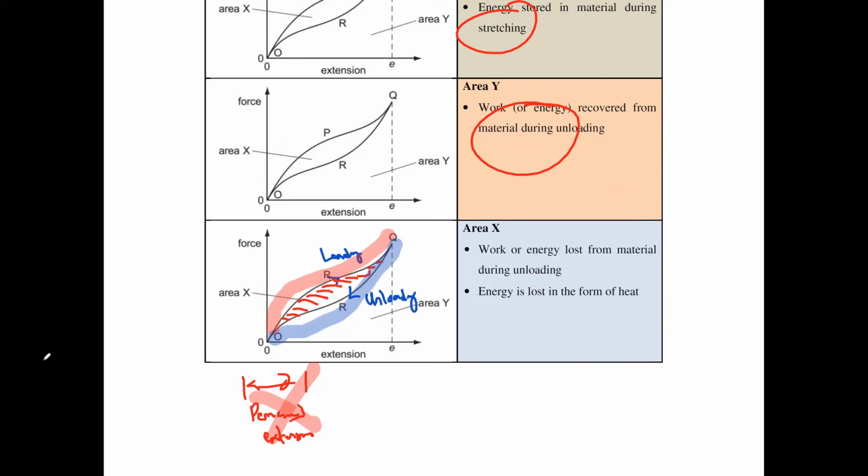You have no permanent extension. So whatever area you have in between, you cannot say it is the work done to permanently stretch the material, because in the first place, your graph does not have any permanent extension. This one has no plastic deformation, only elastic deformation.